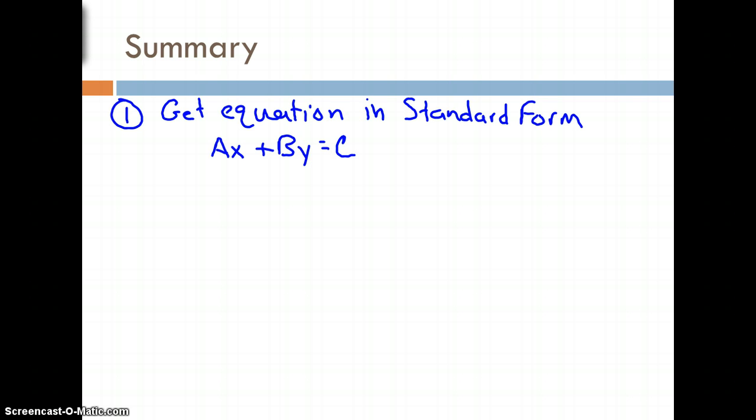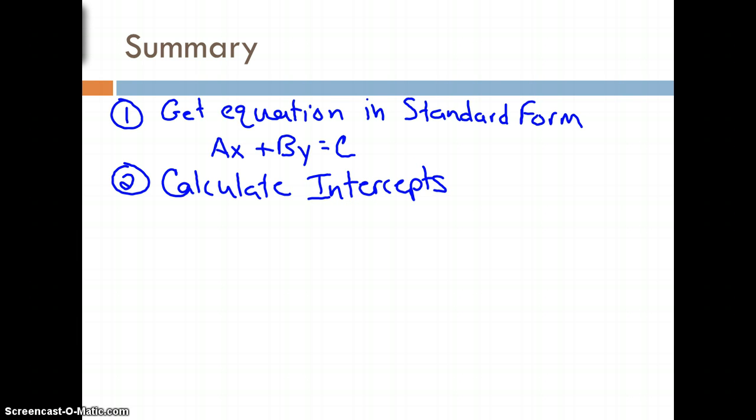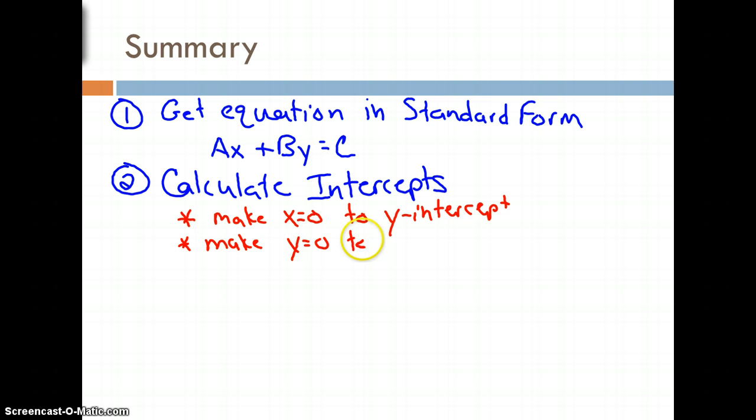So once we have the equation in standard form, we calculate the intercepts. We make x 0 to get the y-intercept, and we make y equals 0 to get the x-intercept.